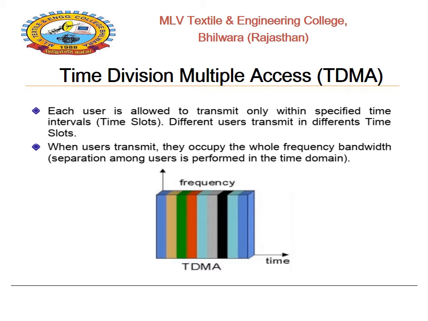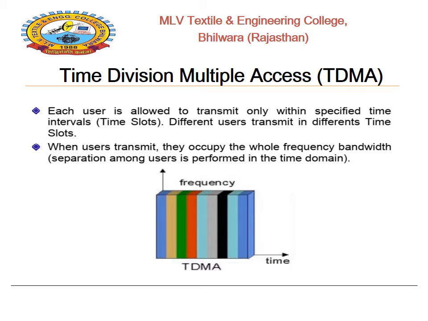In TDMA, each user is allowed to transmit only within a specified time interval or time slot. Different users transmit in different time slots. So basically in TDMA, each user is identified by an individual time slot. When a user transmits, it occupies the whole frequency bandwidth, and separation among users is performed in the time domain.